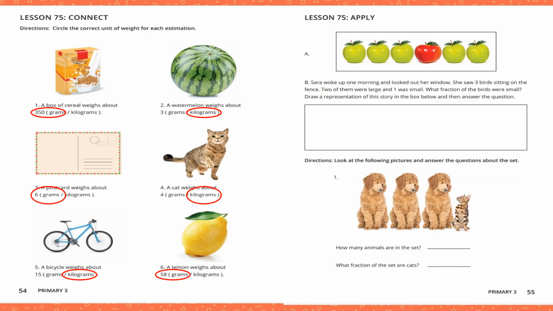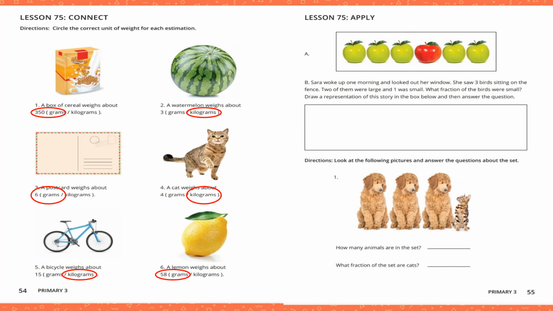This set of apples, how many apples in it? 1, 2, 3, 4, 5, 6. So the total objects are 6. And the one item of this set is 1 over 6. Okay?